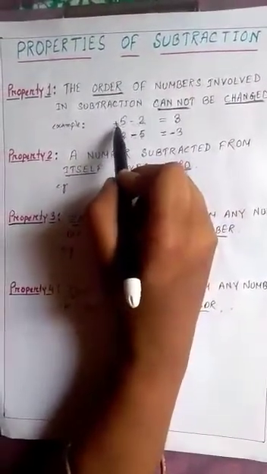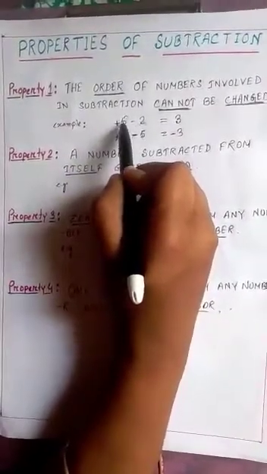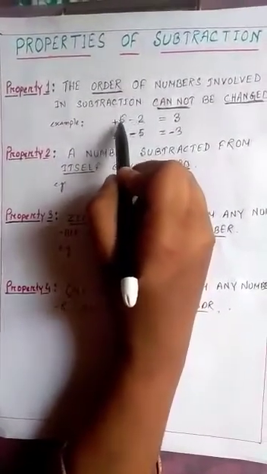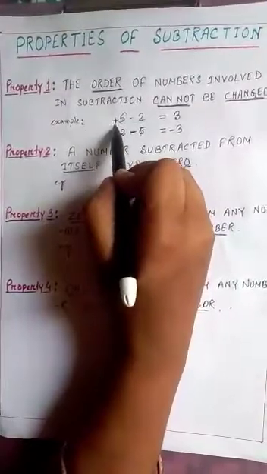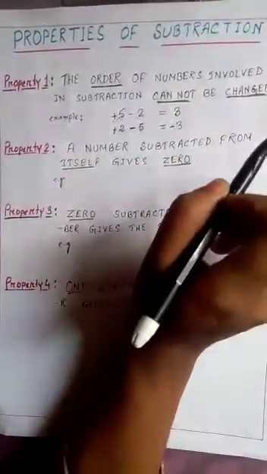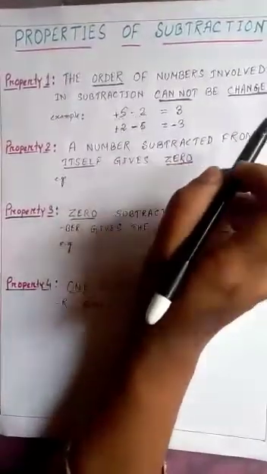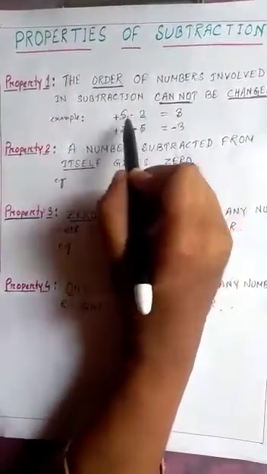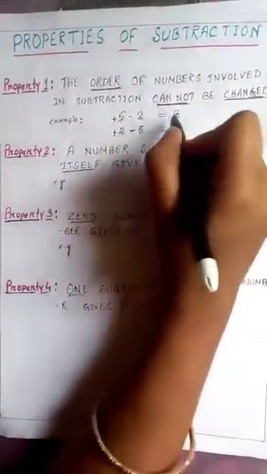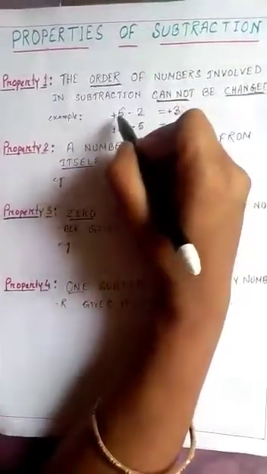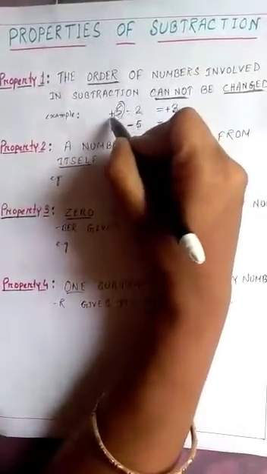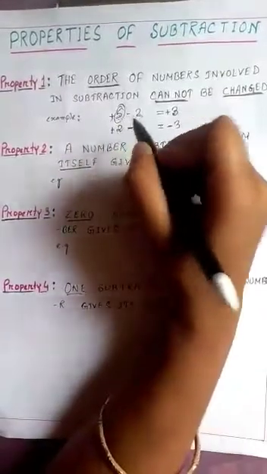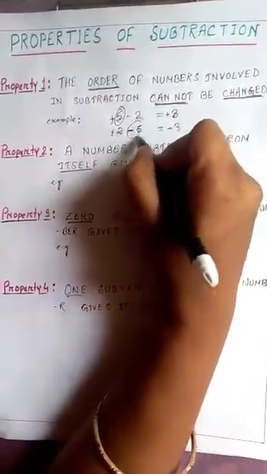So in subtraction, the sign that is before the bigger number should be in the result, or rather the difference. So 3 is the difference of 5 and 2. Before that there is plus with 5 here, but here you can see it is minus 5.